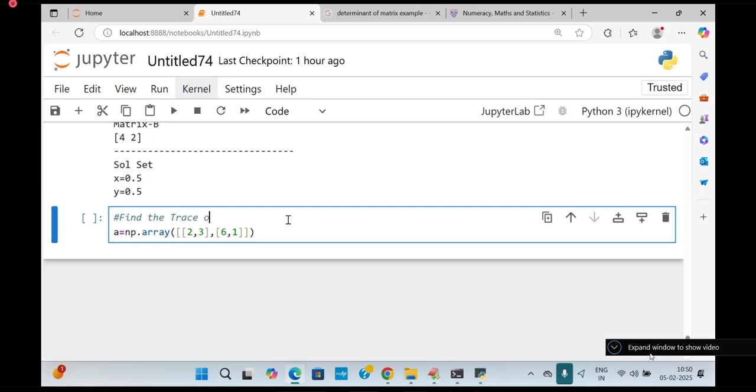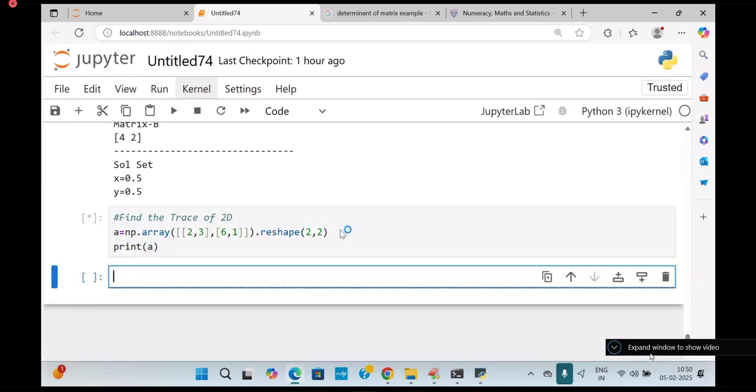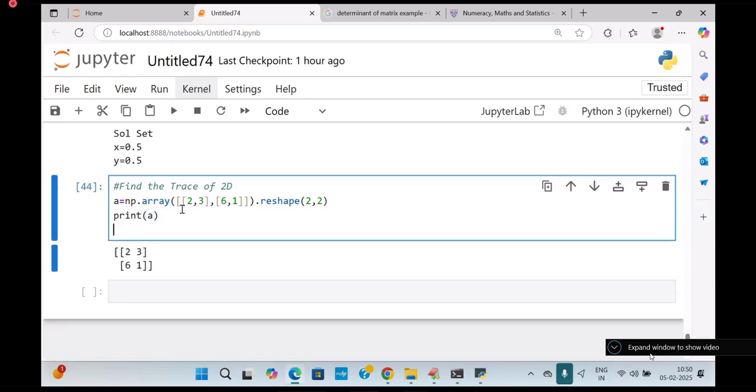Find the trace of 2D. So there I am going to write it. Dot reshape of 2 comma 2. Print of A. So done.